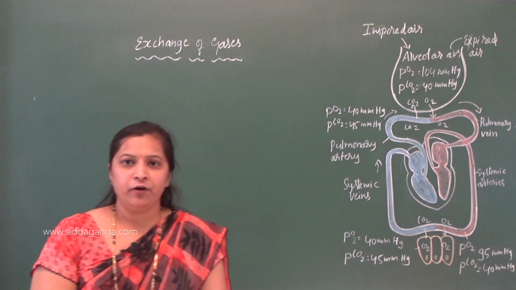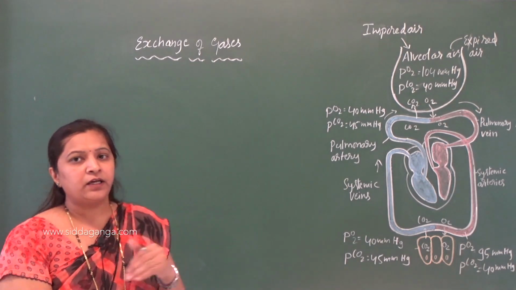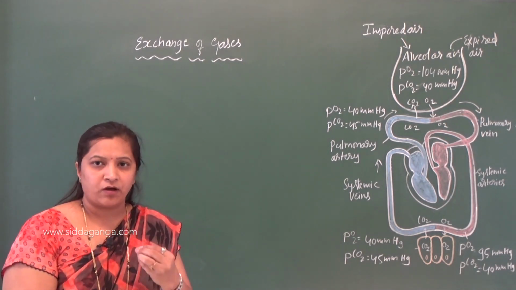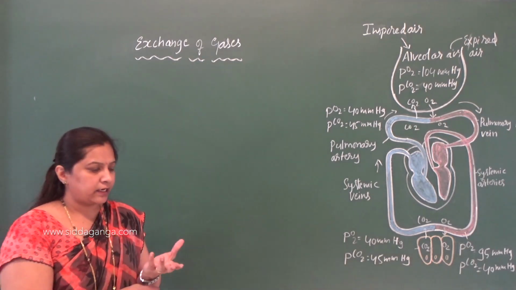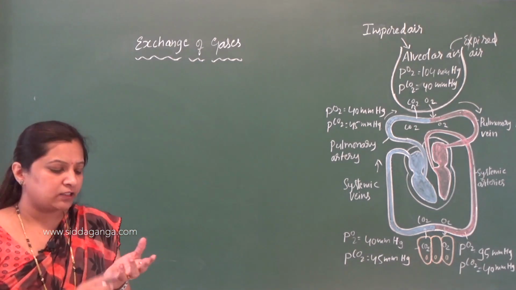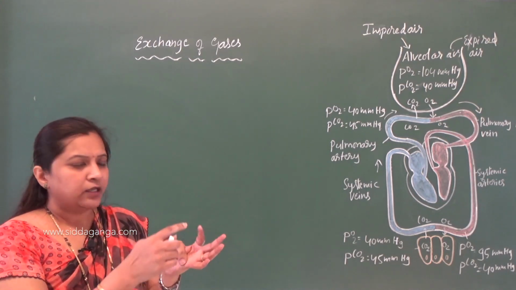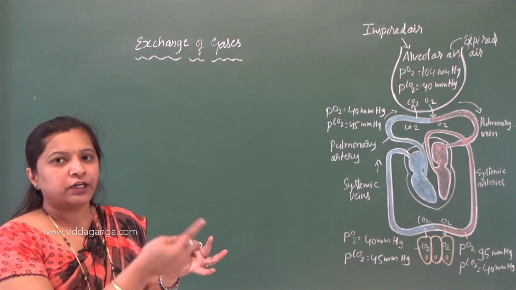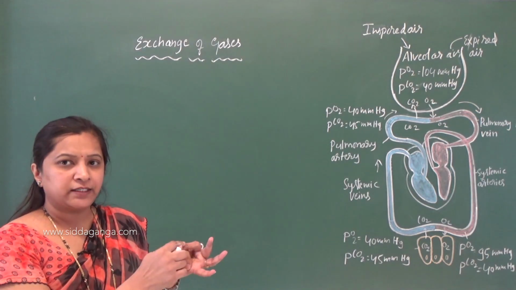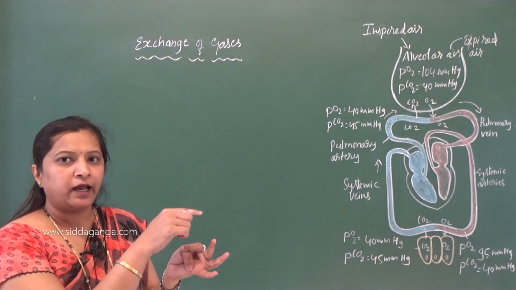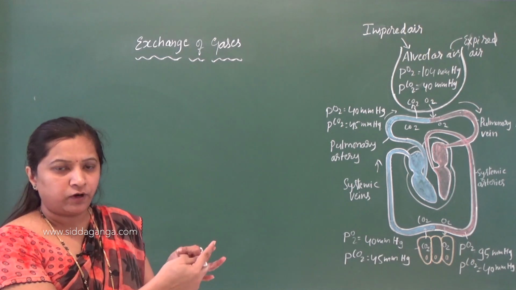Okay. So in this video, I would like to discuss the further steps which are involved in the process of respiration. As I said, respiration will occur in 5 different steps. The first is breathing. Second one is diffusion of gases or exchange of gases between the alveoli and the blood, that is at the alveolar level.